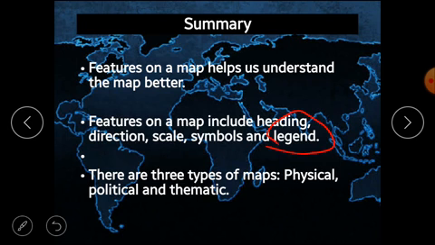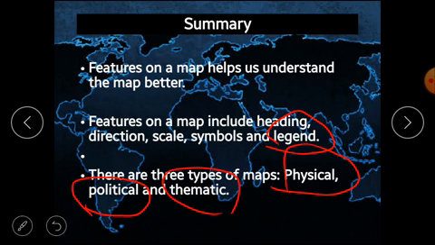And that there are three types of maps: physical maps that show the natural and physical features of an area, political maps that show political boundaries, states and their capitals, and thematic maps, which are also called special purpose maps, and they show particular information about that area.